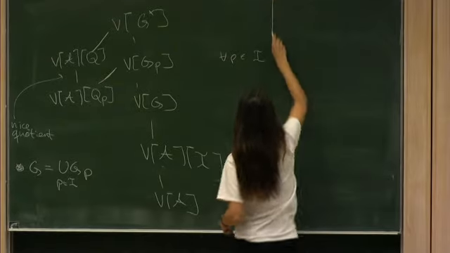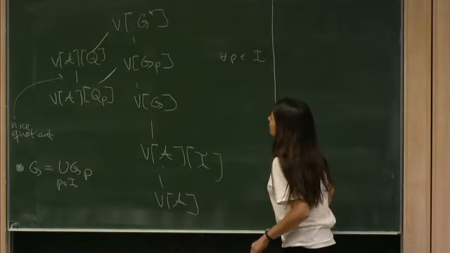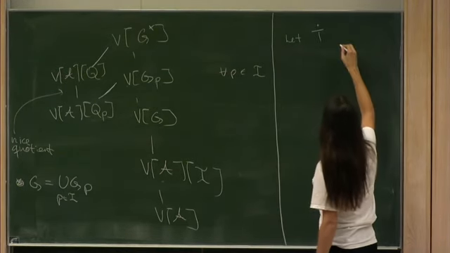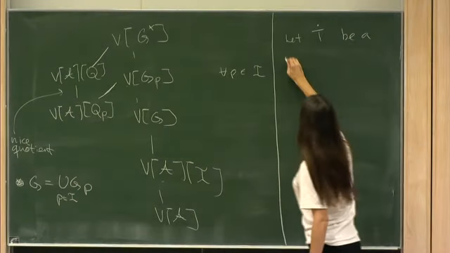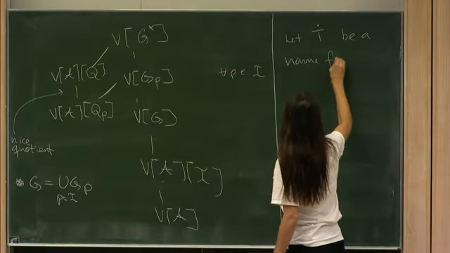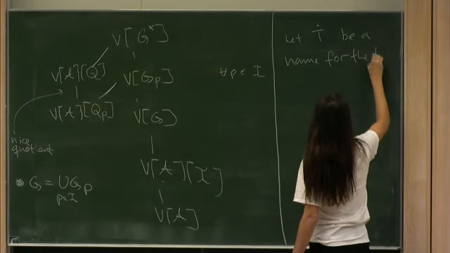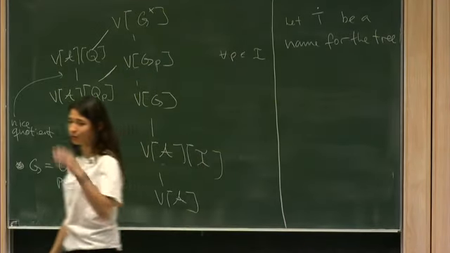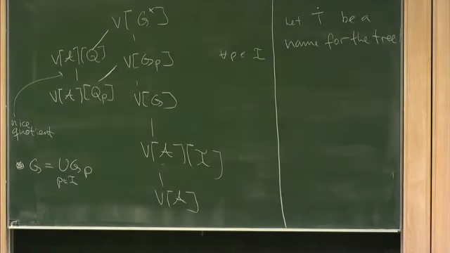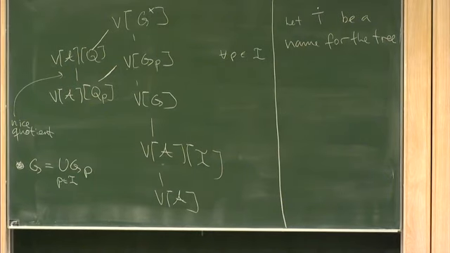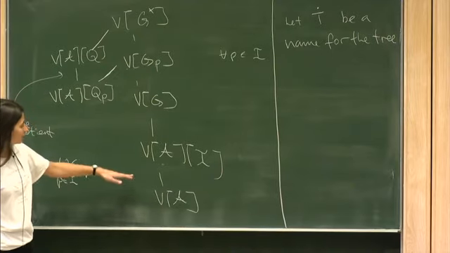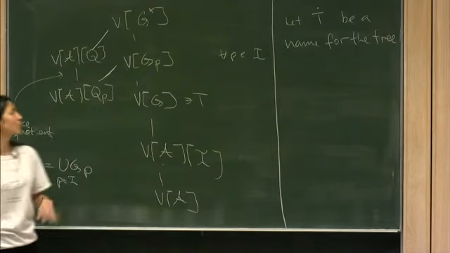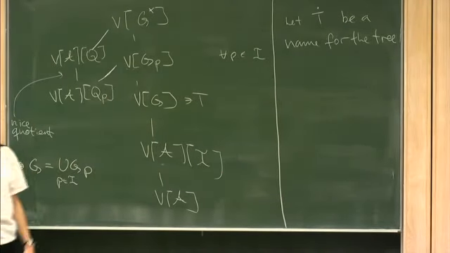let me talk something about names. So let P dot be a name for the tree. So you might ask, well, a name in which model for which poset? Well, so one can define starting from, I guess here, the actual tree is in VG, of course, and it's also in each one of those VGPs.